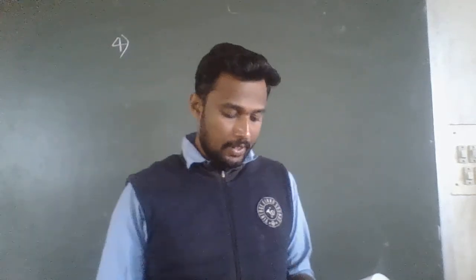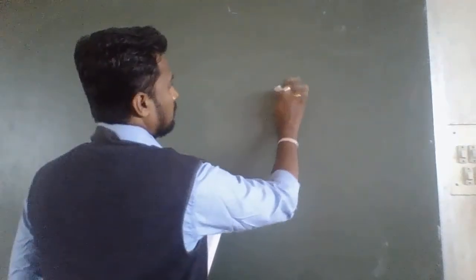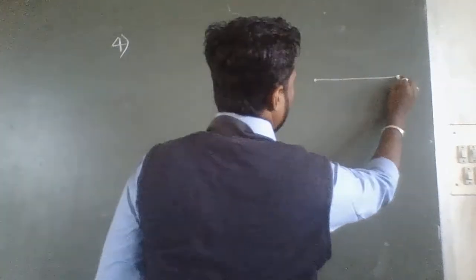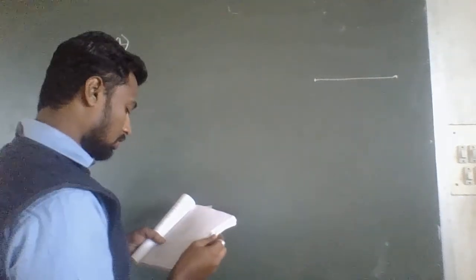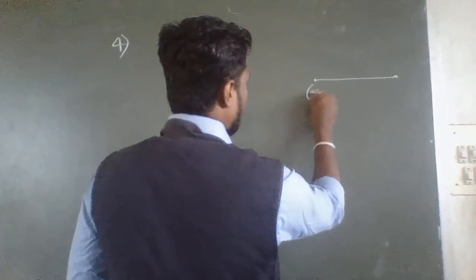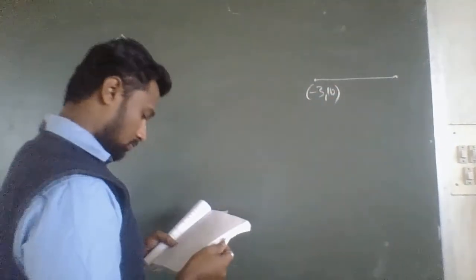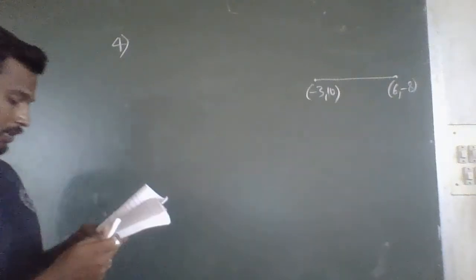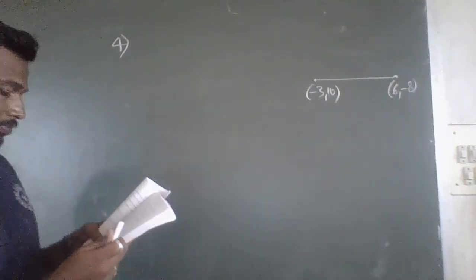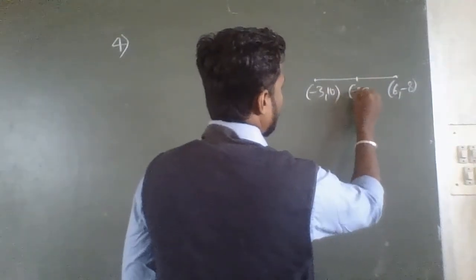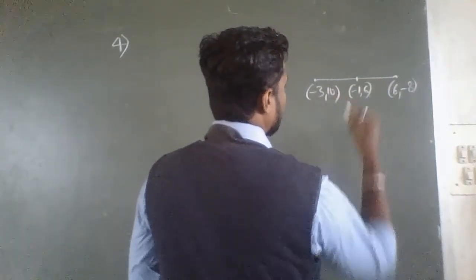Find the ratio in which line segment joining the points minus 3, 10 and 6, minus 8 is divided by minus 1, 6.